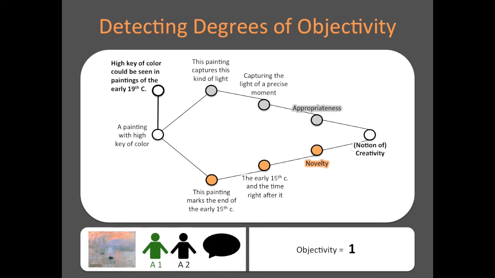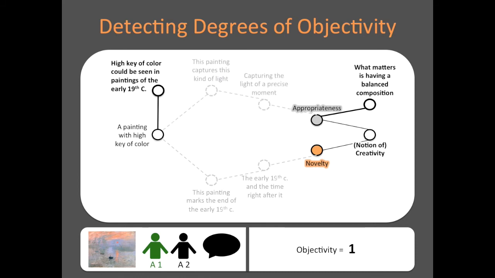So A2, for instance, could say that such high key of color could be seen in paintings of the early 19th, which would cause the connection with novelty to dematerialize. She could also say that what really matters for a painting is not its color, but to have a balanced composition, which would cause the connection with appropriateness to dematerialize.